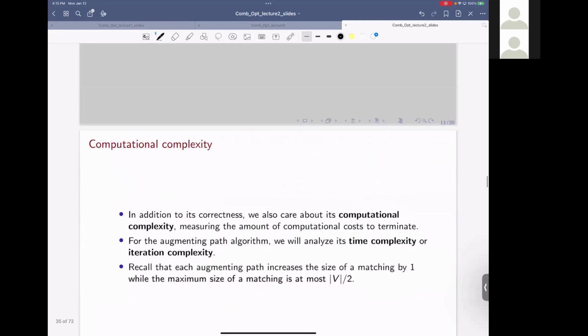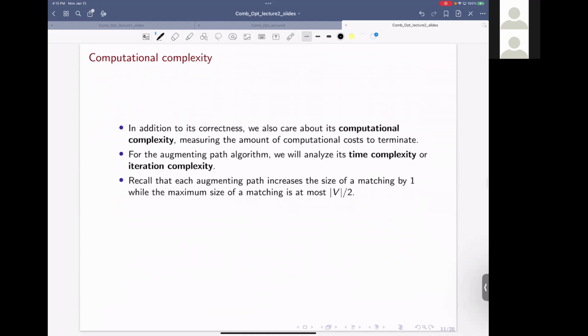If you have an augmenting path, you always increase the size of a matching by 1, and the maximum size of a matching can be at most half of the vertices, because each edge covers 2 vertices. So the number of augmenting paths you can find is at most the number of vertices divided by 2.